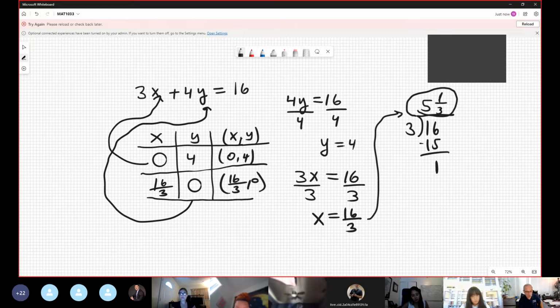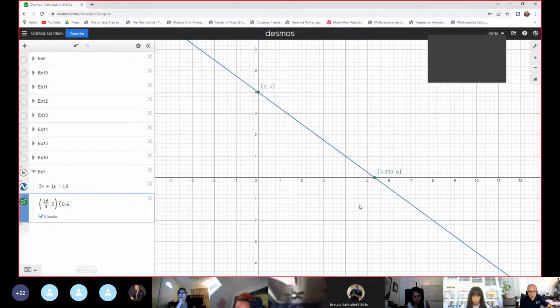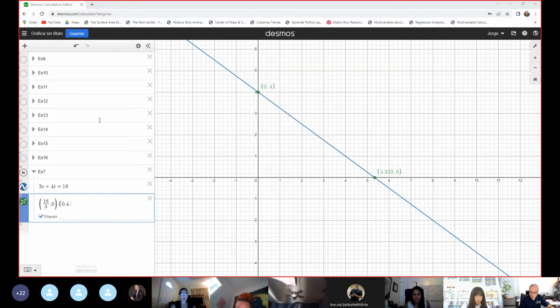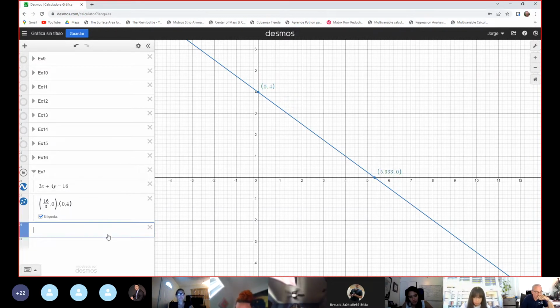Let me try again to go to Desmos. Switching to Desmos. Do you see Desmos? Oh no. Yes or no? Yes. Yes. Well, in this problem, I want to change the color to blue. Everything is blue.